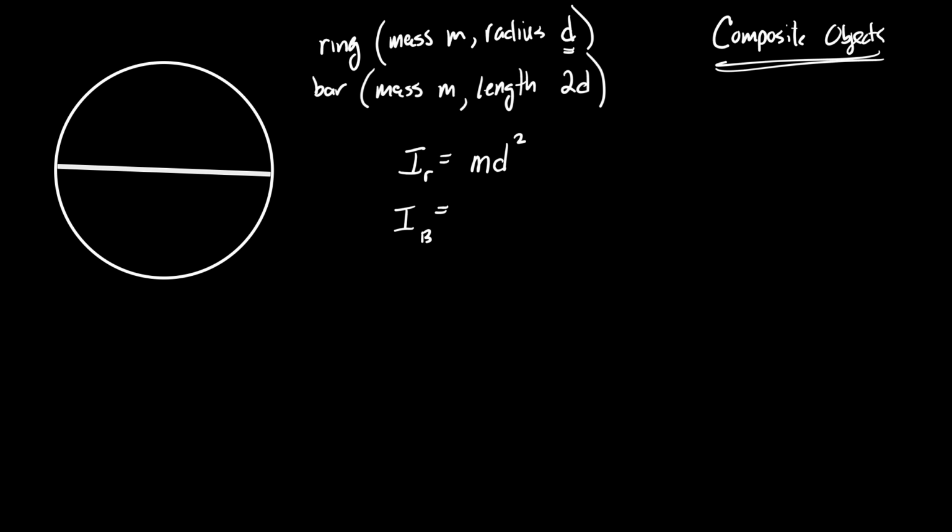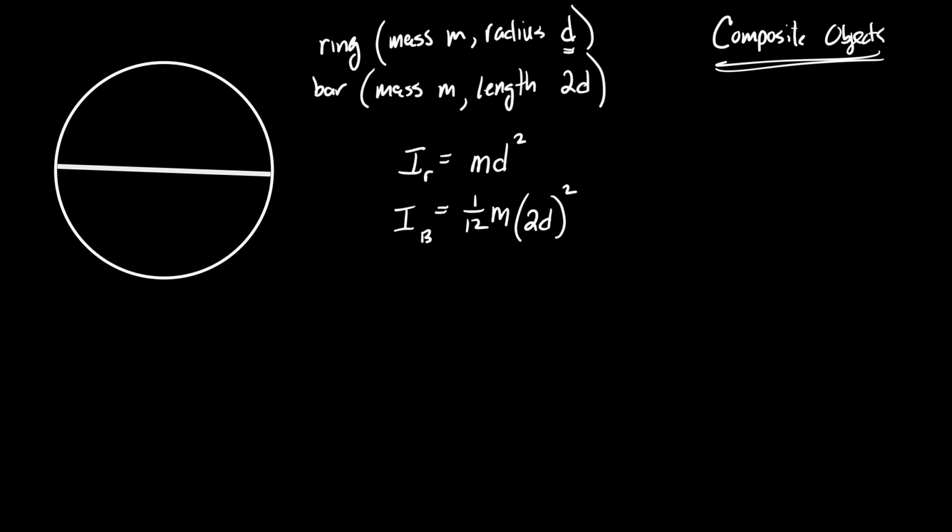Now, a bar is 1/12 ml squared if you're rotating about its center, but we're not going to use L because we were told that the length of the bar is 2D. So one of the first changes is, we have to use the variables they give us, but we still have formulas for moments of inertia.